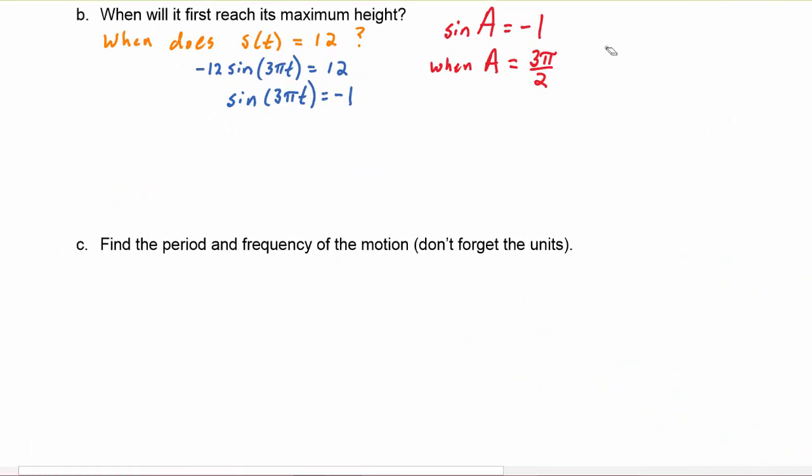We can use this result to say that sine of 3 pi t will equal negative 1 when its argument equals 3 pi over 2. So we take the argument of this sine function, which is 3 pi t, and we set it equal to the angle that we know the sine will be negative 1, which is 3 pi over 2.